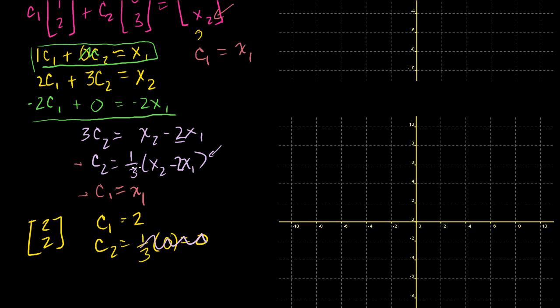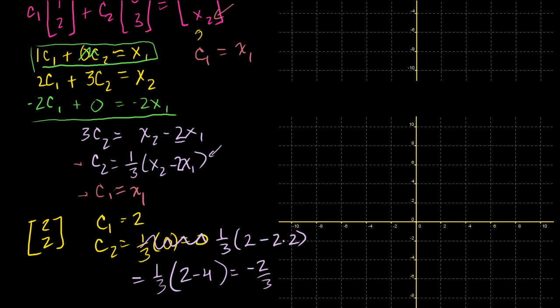Let's go to my corrected definition of c2. c2 is equal to 1/3 times x2 minus 2 times x1. So minus 2 times 2. So it's equal to 1/3 times 2 minus 4, which is equal to minus 2, so it's equal to minus 2/3.